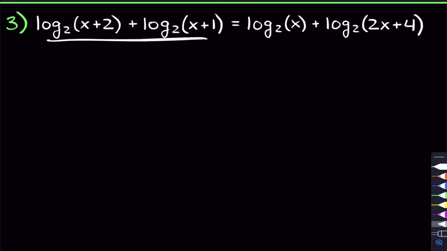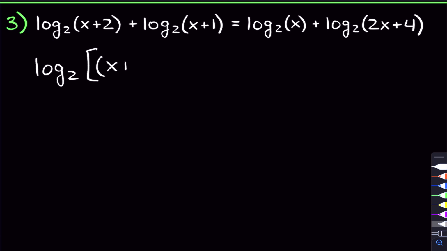Well, looking at the left-hand side, these 2 logs are being added. And so what that means is we can actually combine them into one log. We just have to multiply the arguments. And so we get log base 2 of x plus 2 times x plus 1. Now, it's the same story on the other side. Again, we have two logs that are being added, and so the same rules apply.